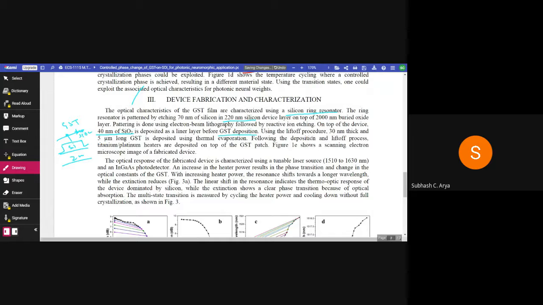Using a lift off procedure, 30 nanometer thick and 5 micrometer long GST is deposited using thermal evaporation.